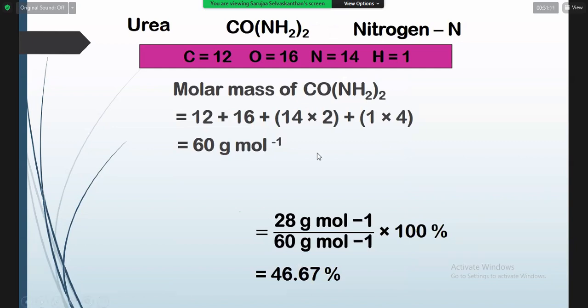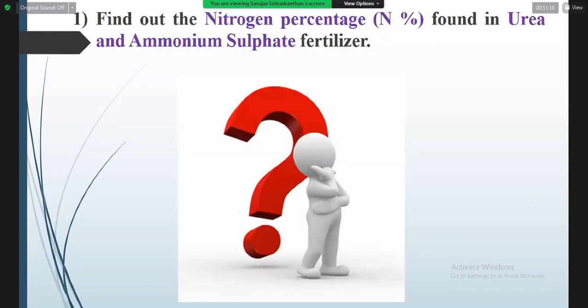You have urea and ammonium sulfate. What is the chemical formula of urea? CO(NH2)2. Then ammonium sulfate is (NH4)2SO4. That's the correct answer.